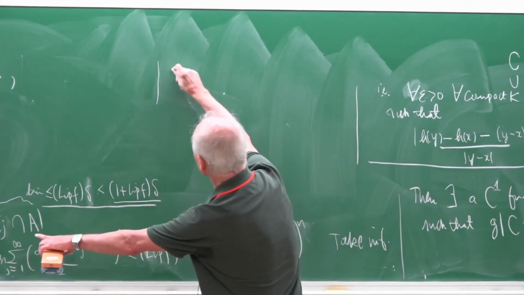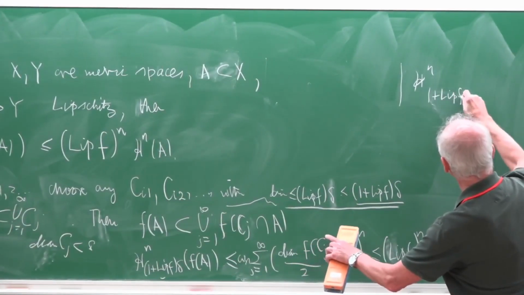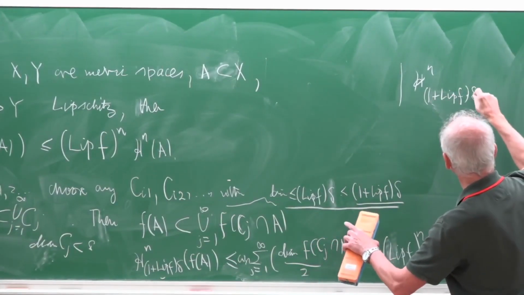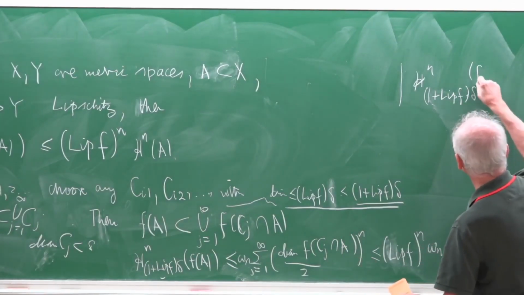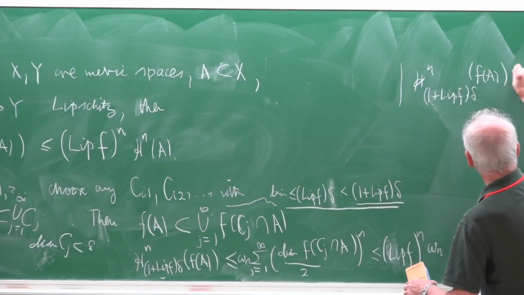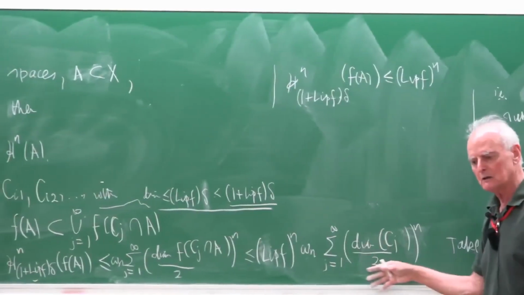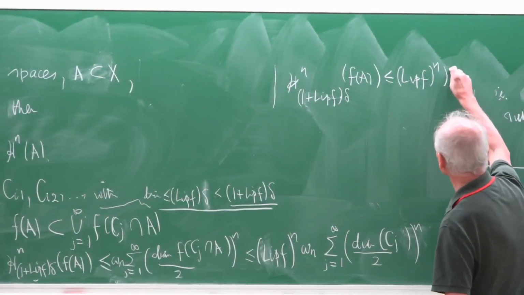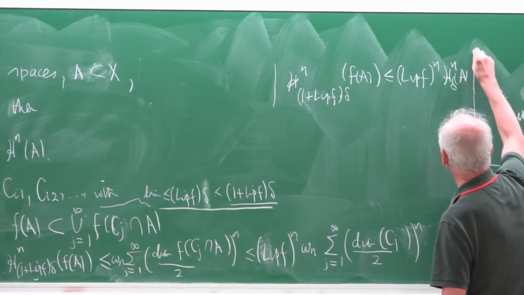It gives us that the size (1 plus Lip F) times delta approximation of the image is less than or equal to Lip F to the nth power times, and the inf of this is exactly the size delta approximation of the Hausdorff measure of A. So we get that.